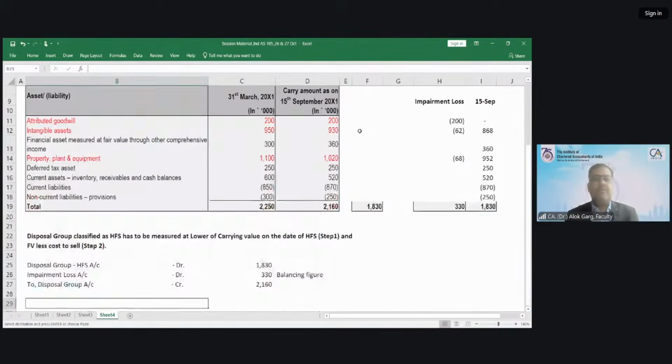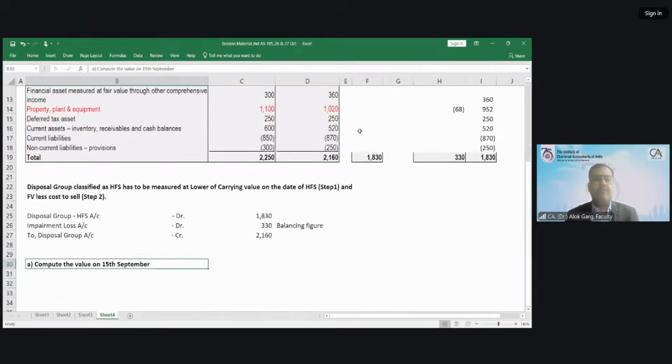B: compute the value on 31st March 20x2.